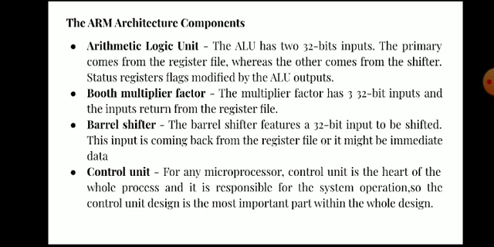The multiplier factor has two 32-bit inputs, and the inputs are returned from the register file. Barrel shifter. The barrel shifter features a 32-bit input to be shifted. This input is coming from the register file, or it might be immediate data.